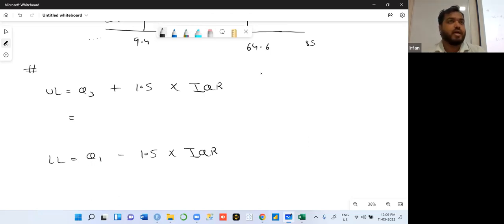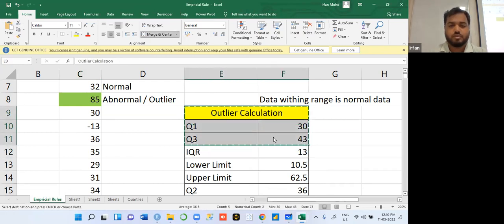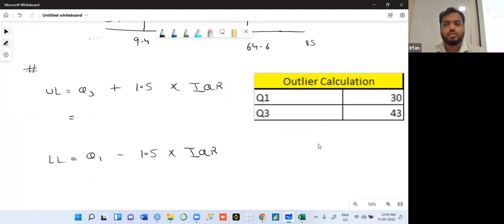Now we require the Q3 value. Q3 I found as 43 and Q1 is 30. Can you solve this? And your IQR is 43 minus 30, which is 13.